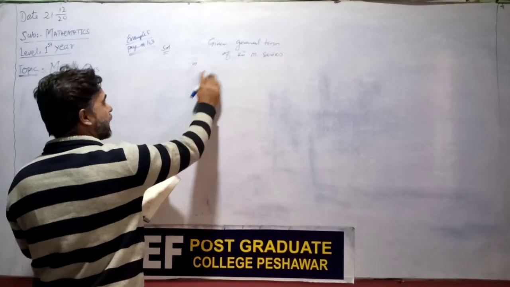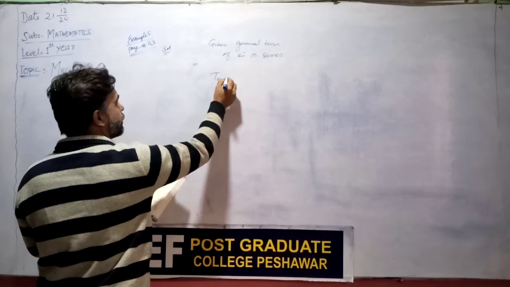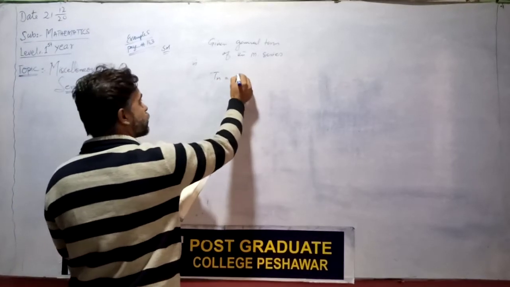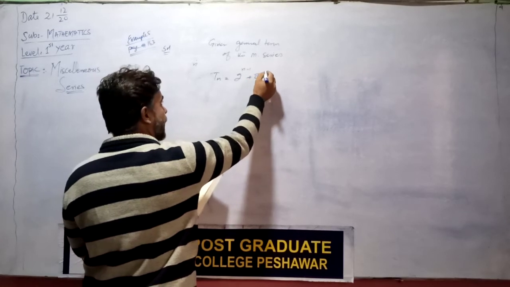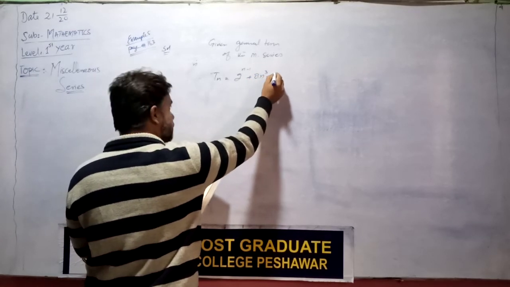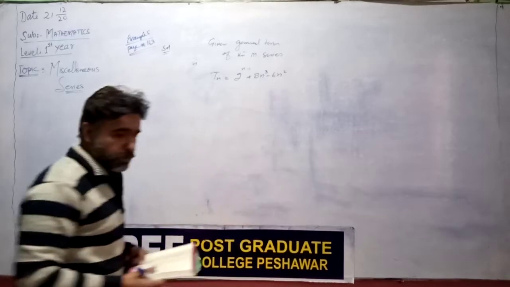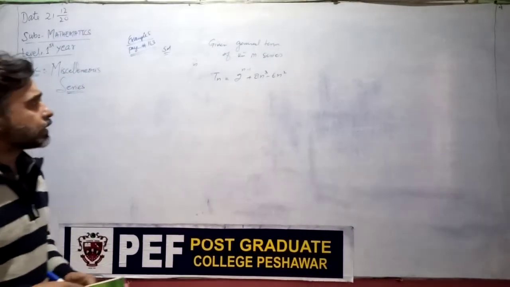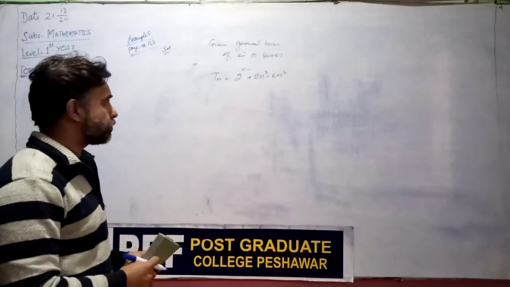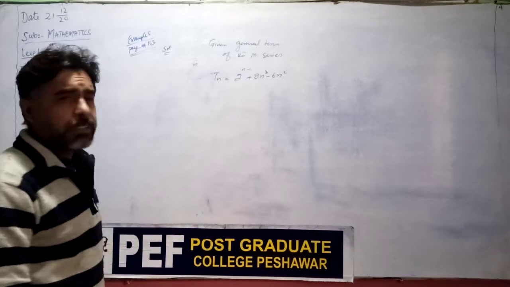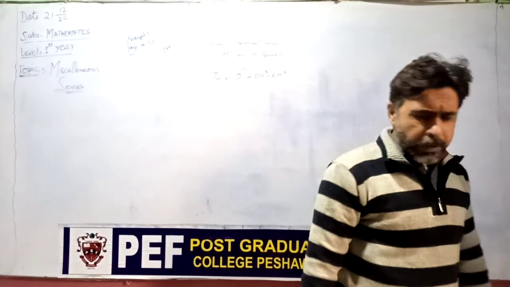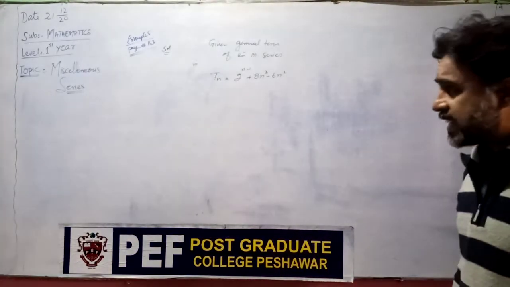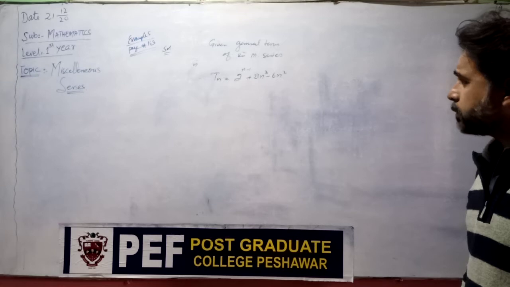They have given that the nth term of this series is 2 power n minus 1, 8n cube minus 6n square. So they have not mentioned the miscellaneous series itself, but they have just given the nth term formula that we need and require for the summation of n terms of the miscellaneous series.